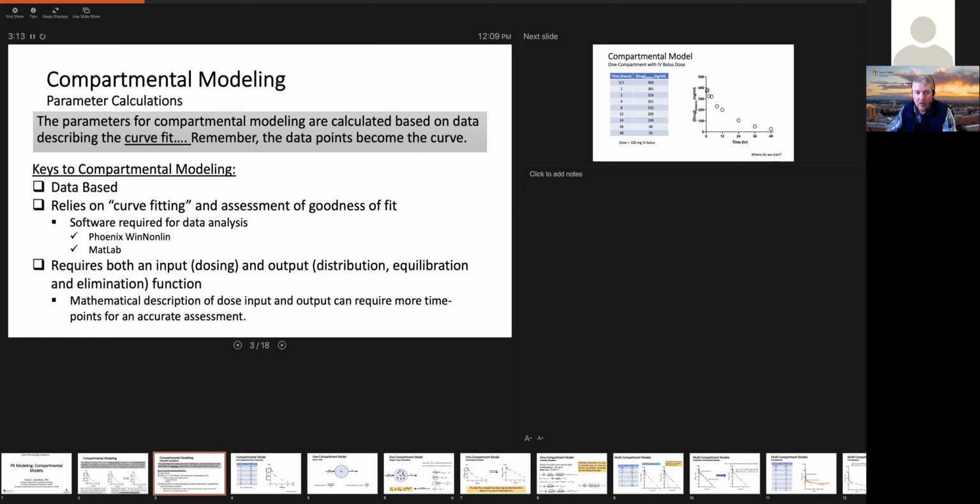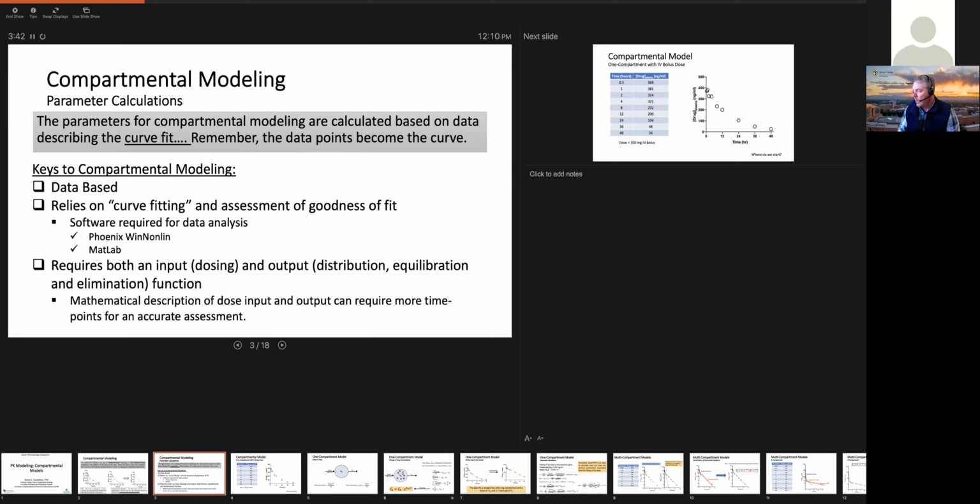So the keys to compartmental modeling: it's data-based, so the curve needs to fit the data. It relies on curve fitting and assessment of goodness of fit of that curve. That means we can't do it in Excel like we did in non-compartmental modeling in the last lecture last month. You need to use some type of software program, and the industry standard used to be called WinNonLin.